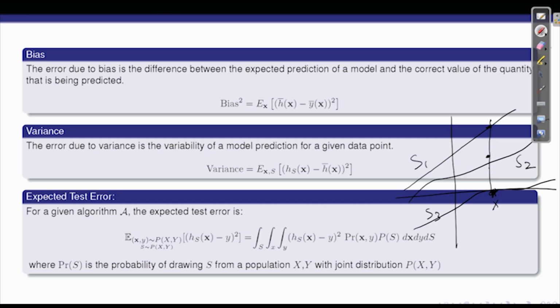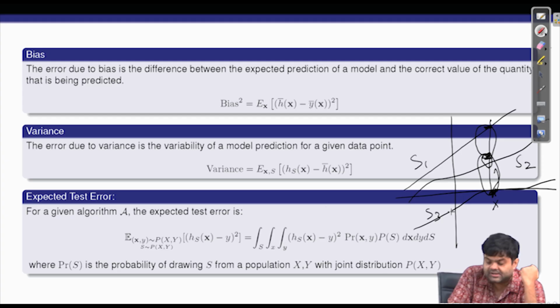Now there will be a difference between the prediction for S1 and this average prediction, S2 and this average prediction, and S3 and this average prediction. You take the sum of squares of them, first take the average over all these samples, and then take the average over all x's. What that gives you is the variance.